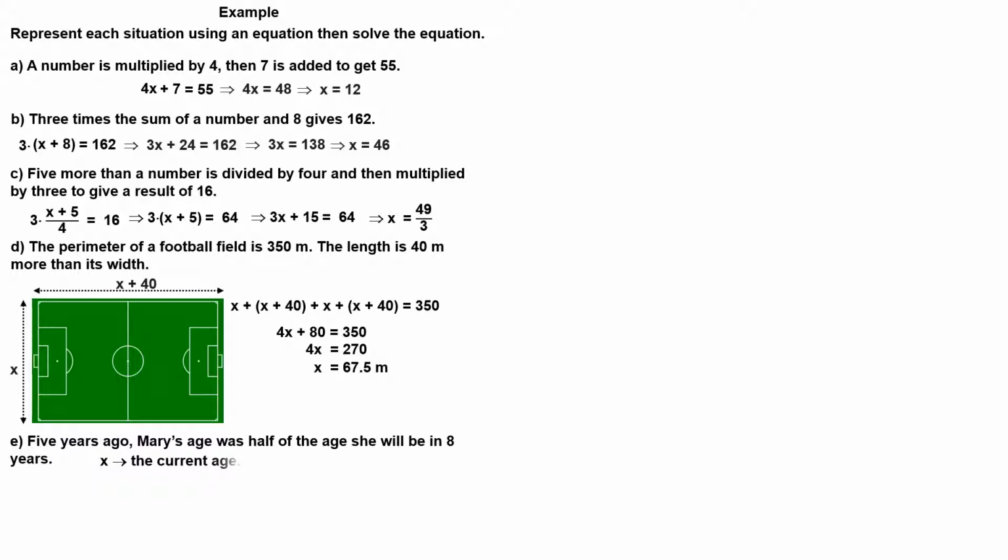x, the current age. x minus 5, 5 years ago. x plus 5, the age she will be in 8 years. 5 years ago, Mary's age was half of the age she will be in 8 years.